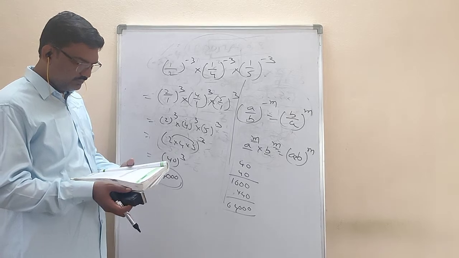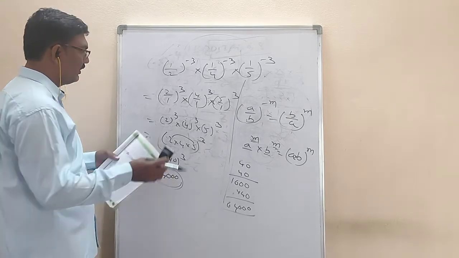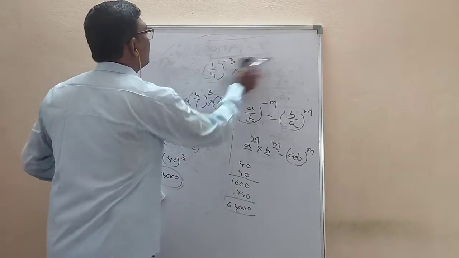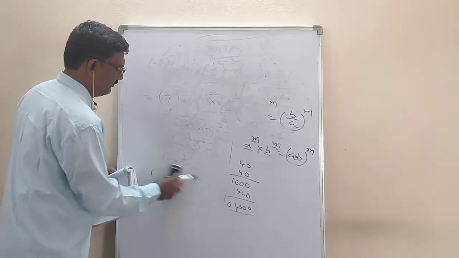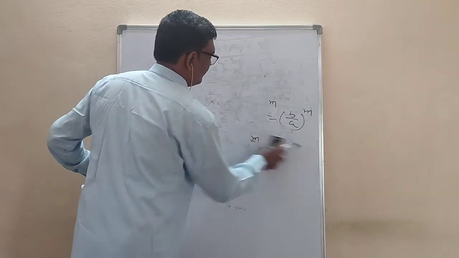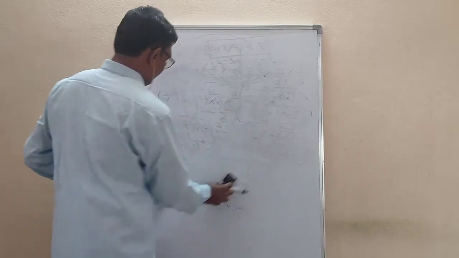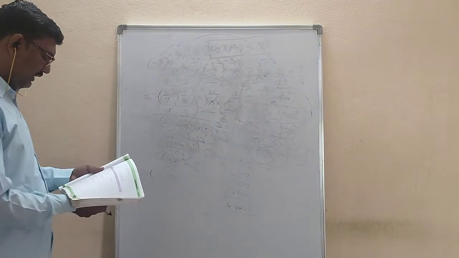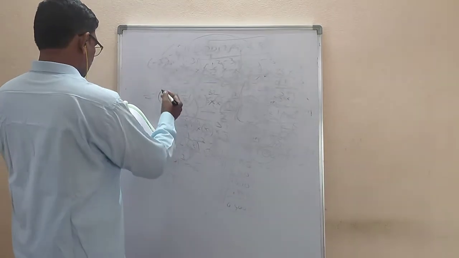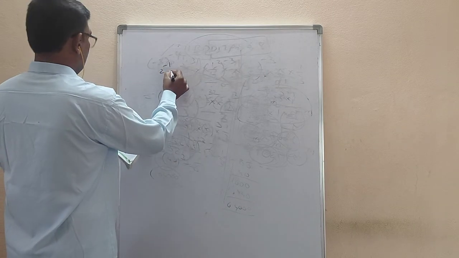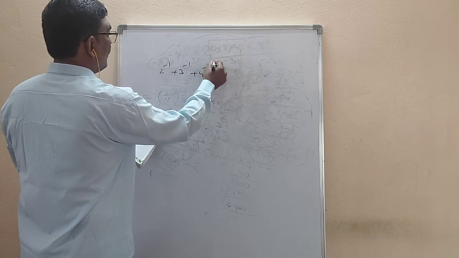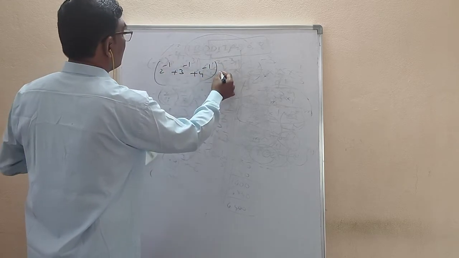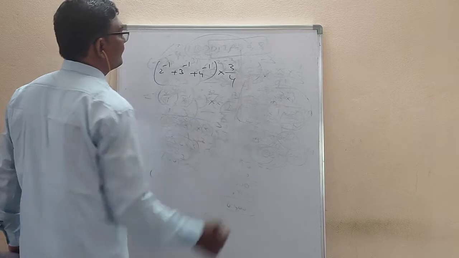Now some more problems we will do. What is the next problem here? 2 power minus 1 plus 3 power minus 1 plus 4 power minus 1, into 3 by 4.